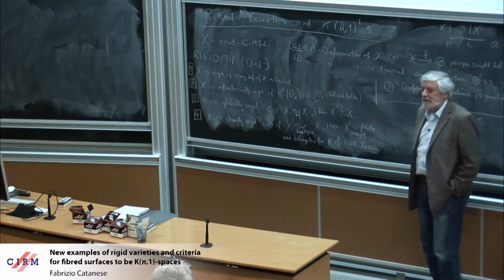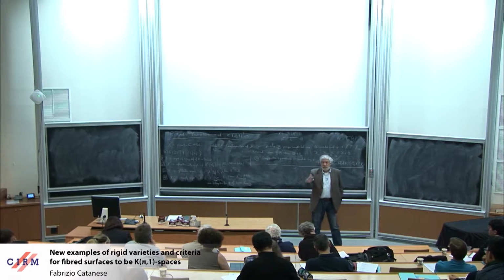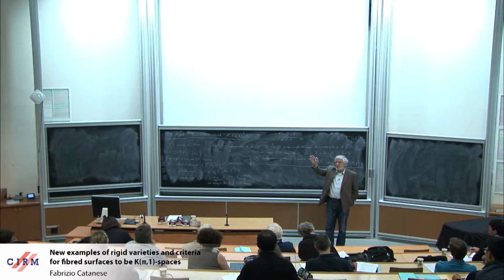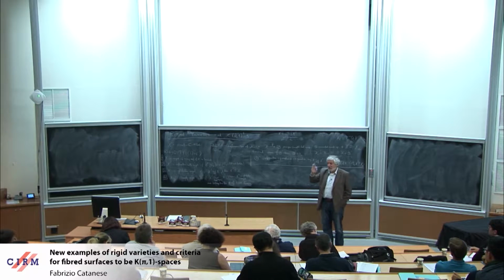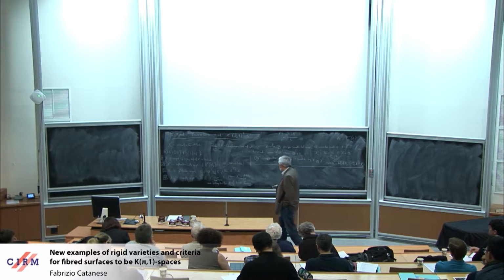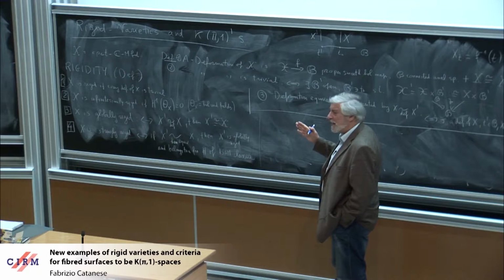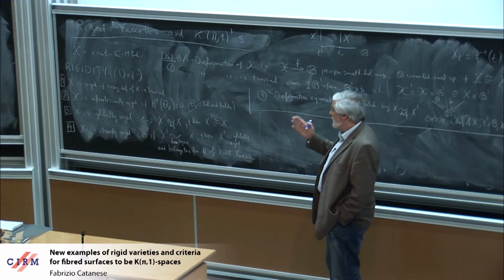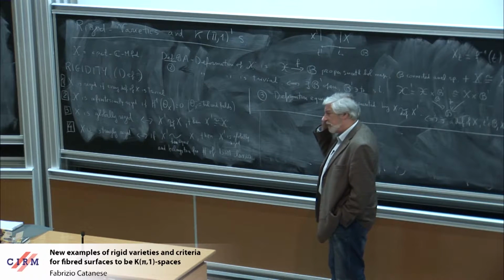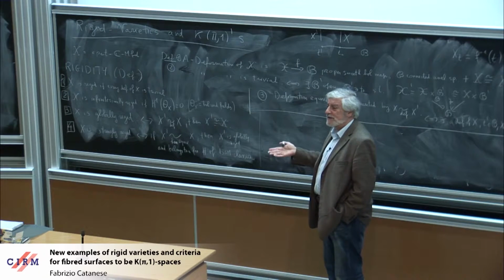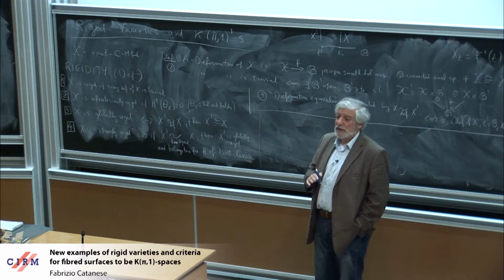So a typical example would be a compact ball quotient, and then this is a theorem of Siu and Mostow that in this lower dimension, if X prime is homotopically equivalent to X, then it's either X or its complex conjugate.